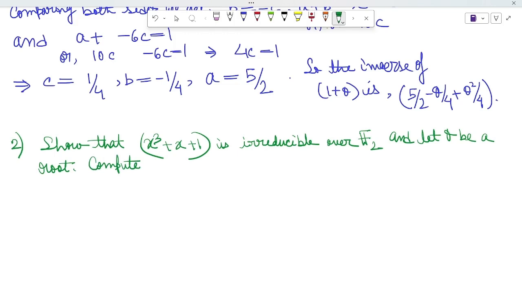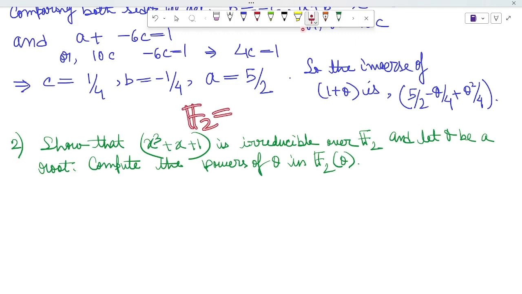Compute theta to the power something in F2(theta). So I told that already.